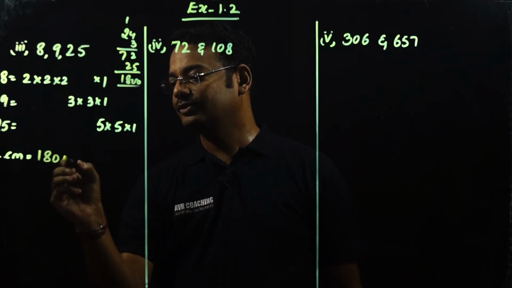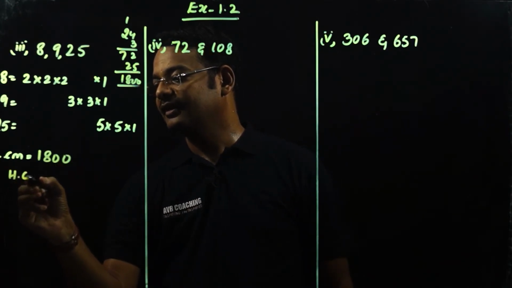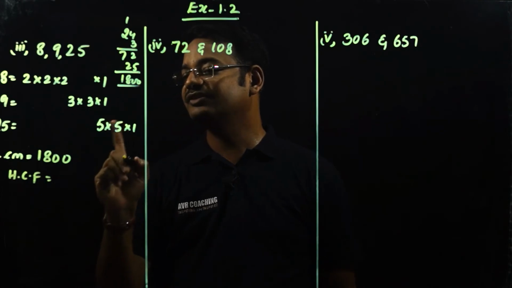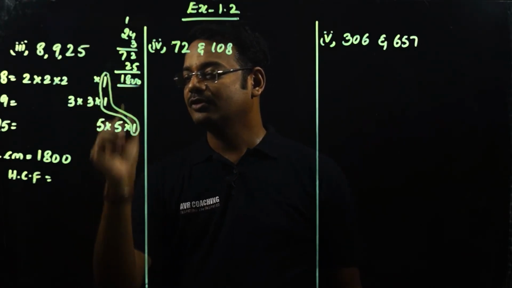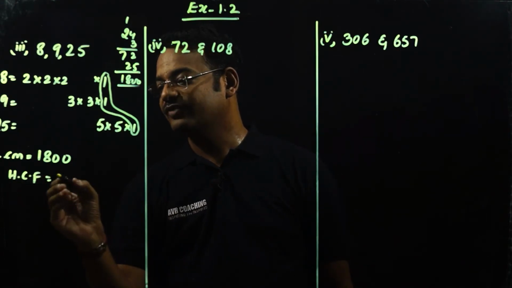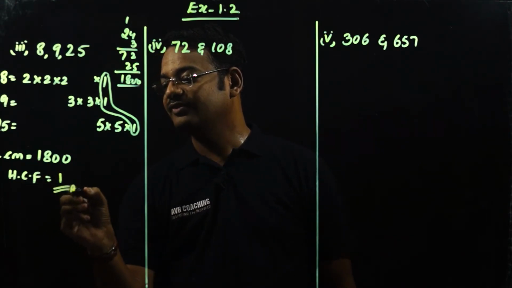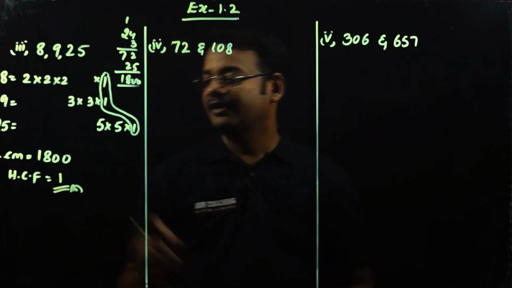LCM is 1800 and HCF is the only number which is repeating in all the three numbers, which is 1. So the greatest common factor, that is highest common factor, is 1. So LCM is 1800 and HCF is 1.